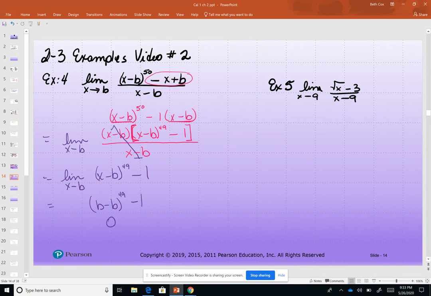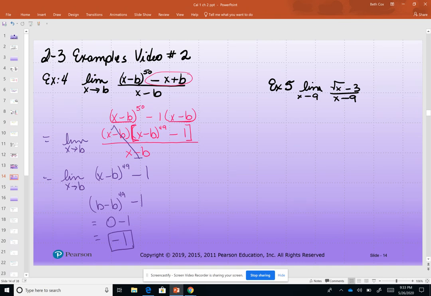Well, that's 0 minus 1, which is just negative 1. So my limit is just going to be negative 1 for this one. X goes to b, not x minus b. So this little factoring, you're factoring out the parentheses. Okay, just be real careful dealing with that.